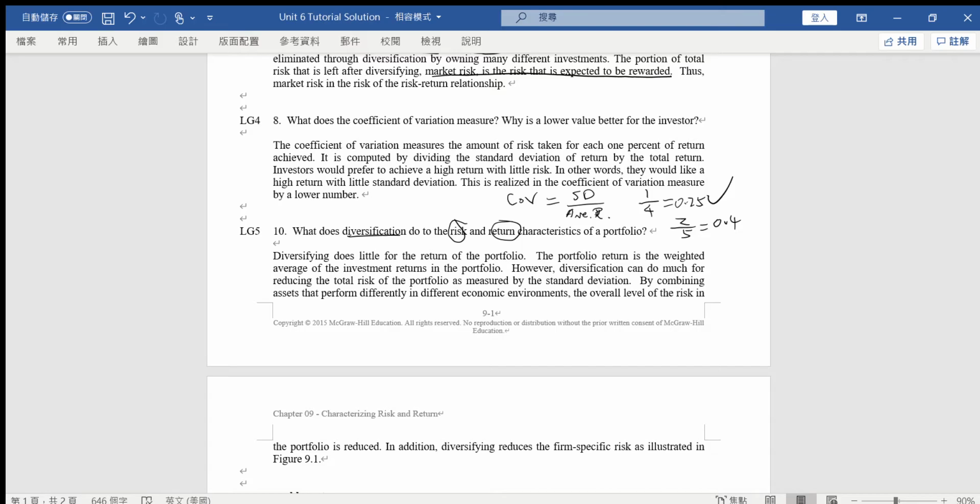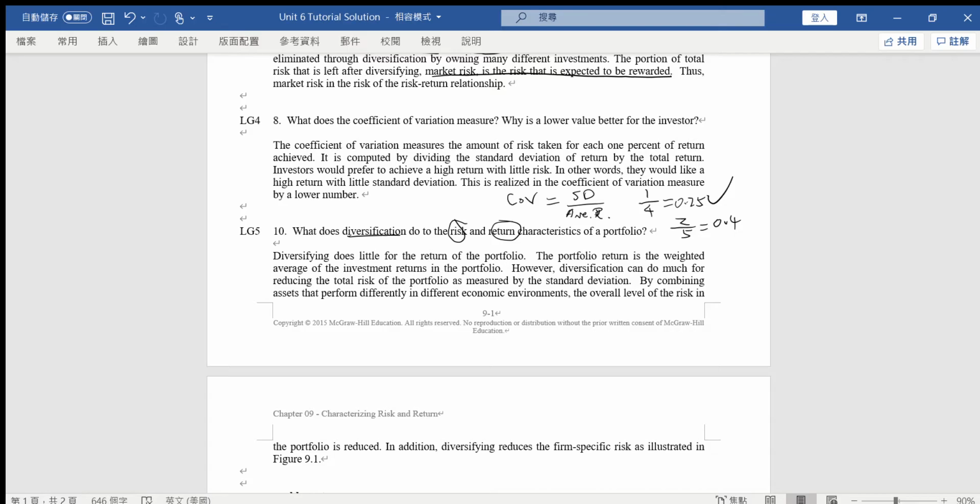Okay, diversification basically does not lead to much on the return of the portfolio. That means it doesn't help much on the return. If you diversify your investment, it doesn't help you get a much better return. But on the other hand, diversification can do much more for reducing the risk.